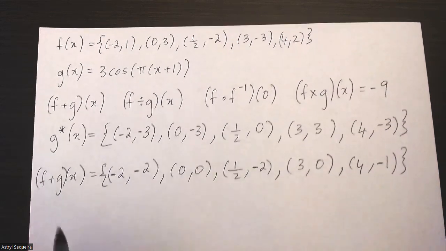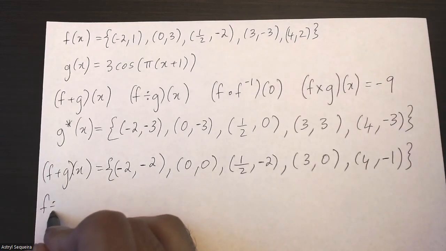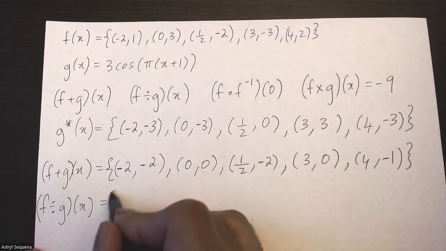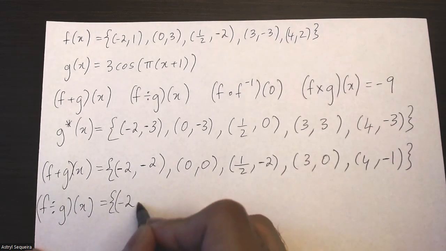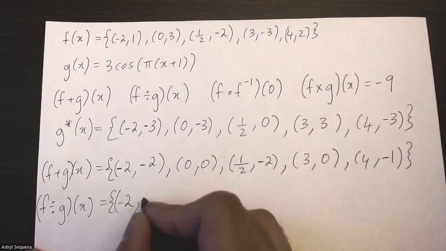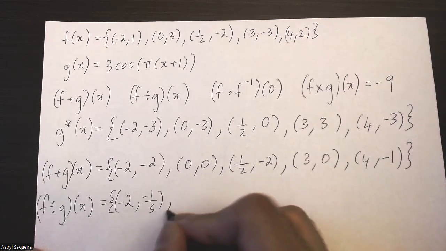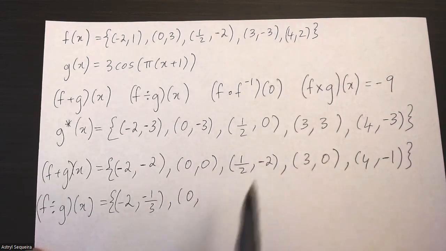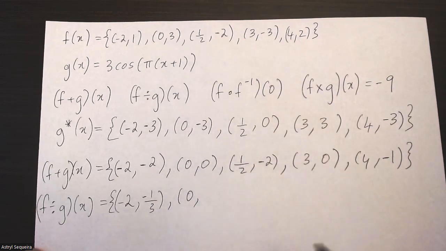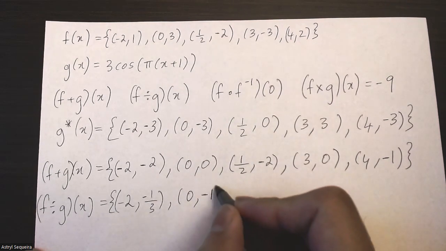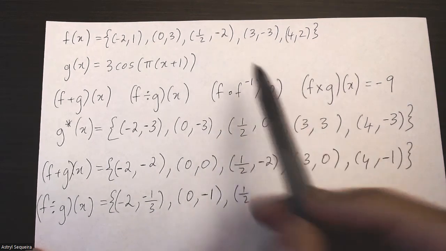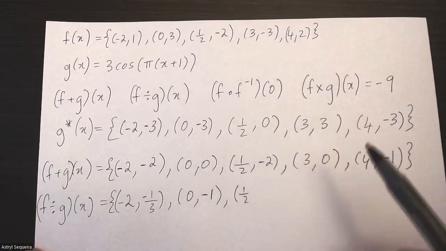Next, I'm doing f divided by g of x. So exact same idea. X values don't change. It's just the y values that get divided by each other. So 1 divided by -3 is just -1/3. 3 divided by -3 is -1. -2 divided by 0, that's actually not possible.